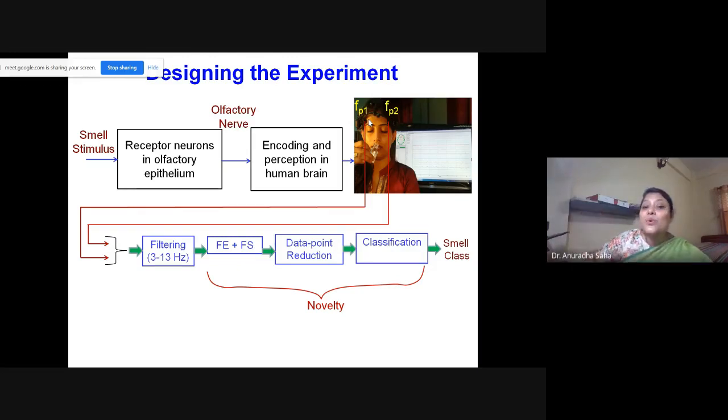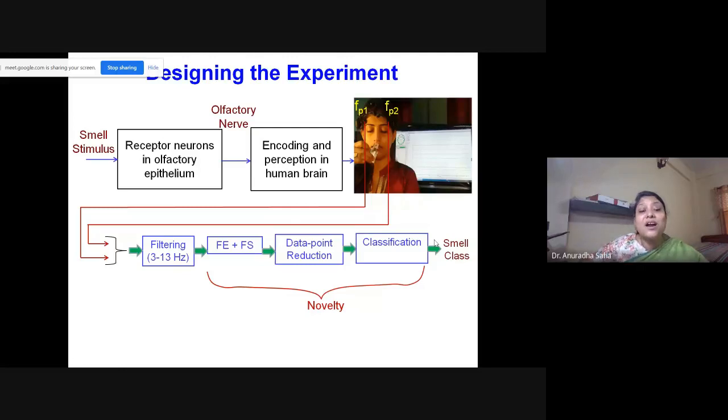But we want to process those EEG signals which are liberated from the prefrontal region, and whenever we take these signals, we start the process inside our computer. So this is the part which is associated with our brain, and these are the parts which are associated with the computers.